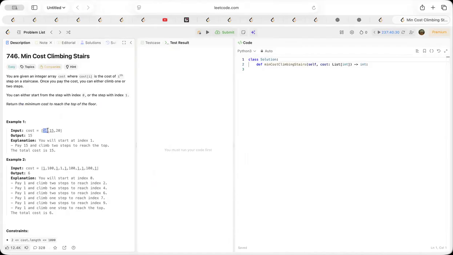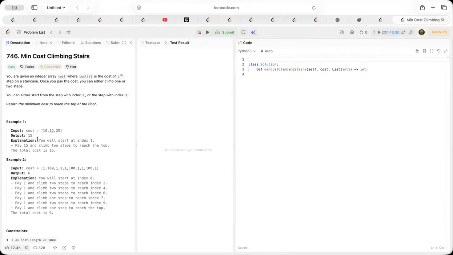So either I can start at 0 or 1, and I can take 1 or 2 steps and have to reach the top floor.